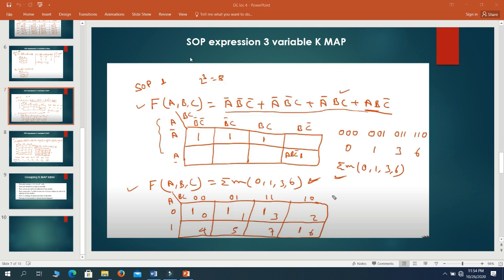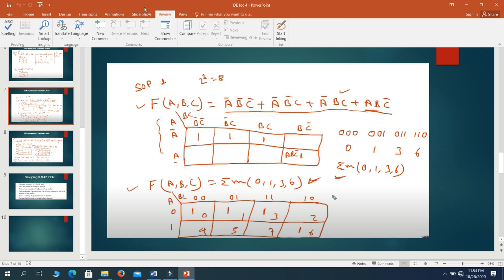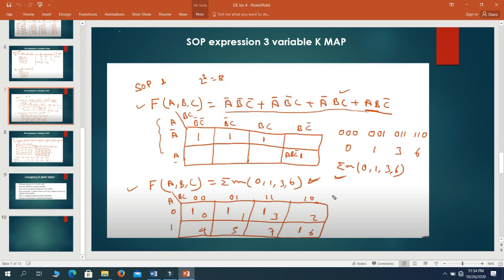As you can see, the first thing is to check how many cells we need to form. In this case there are 3 variables. As we have 3 variables, altogether there will be 2 to the power 3 cells.